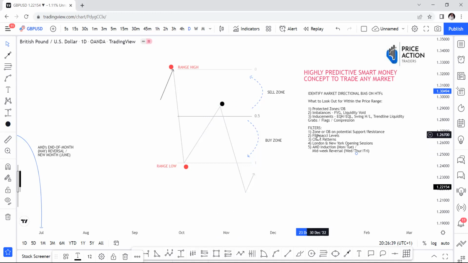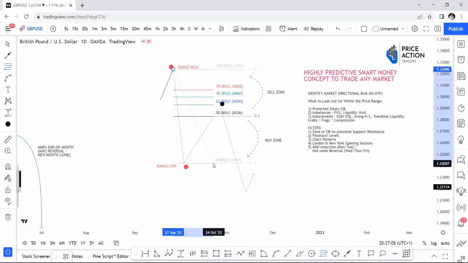Now, the filter you can use to add more signal is this: I've told you that this place must sit upon the higher time frame potential POI. You can use your Fibonacci levels to mark out the area.